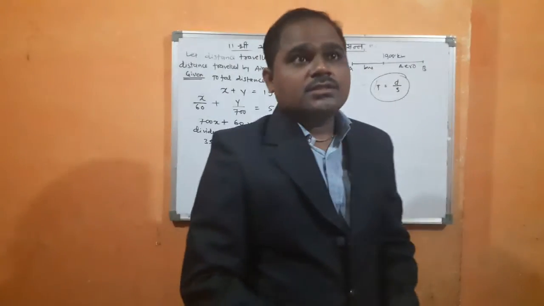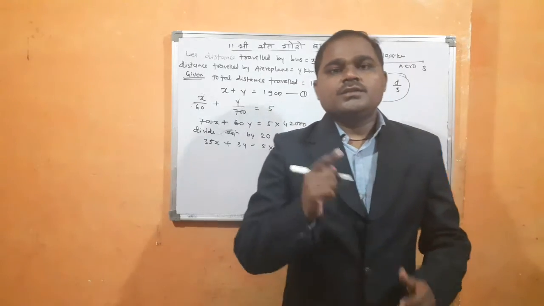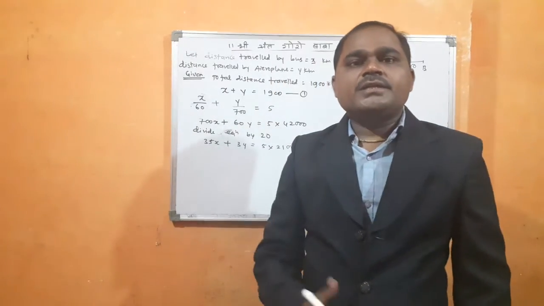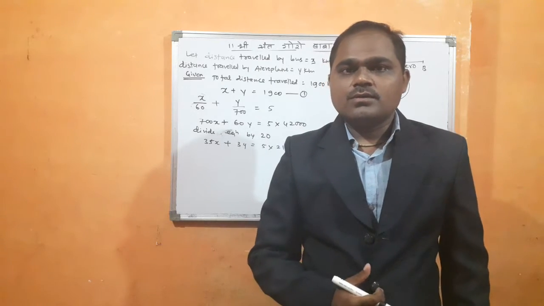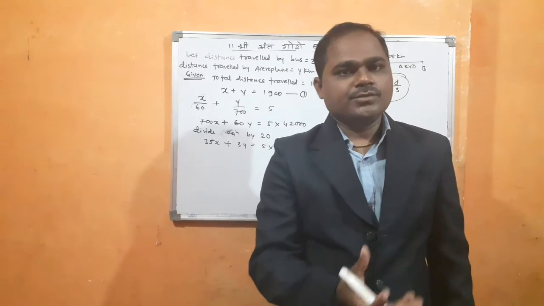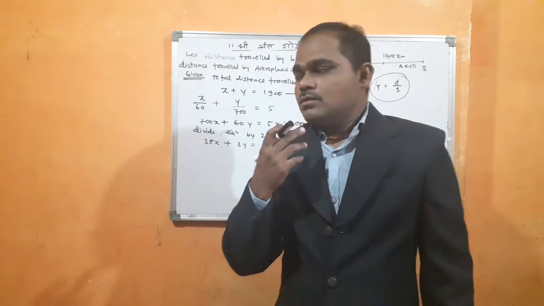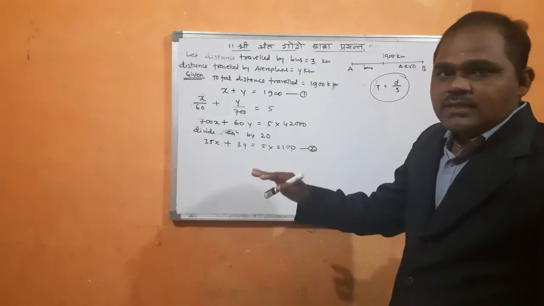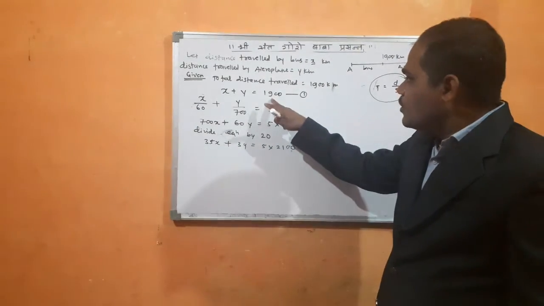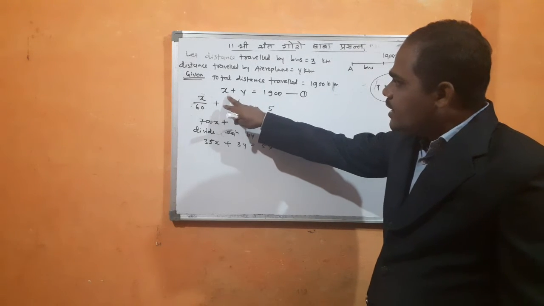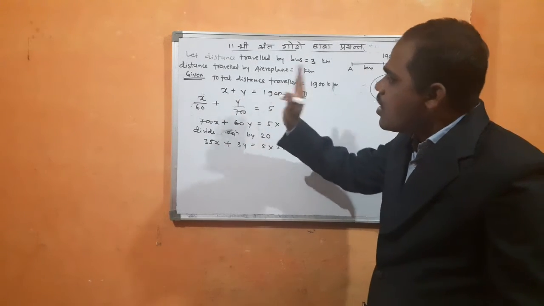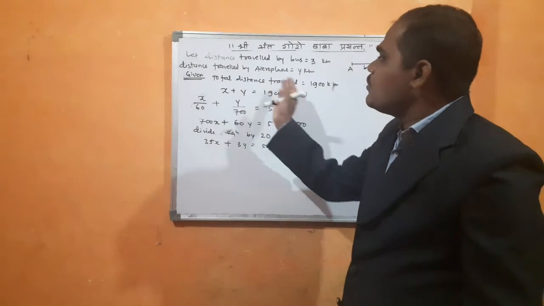Now the basic concept is the method to solve simultaneous linear equations by using the substitution method that we have studied in previous videos. So we will use the direct concept of substitution from equation number 1. So substitute x in the form of y or substitute y in the form of x.